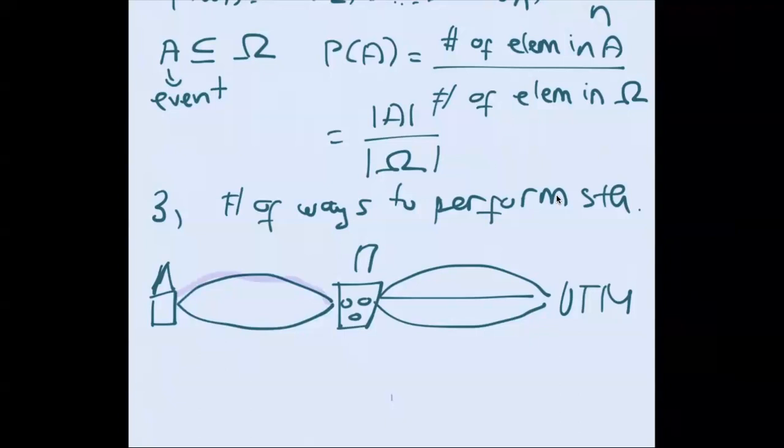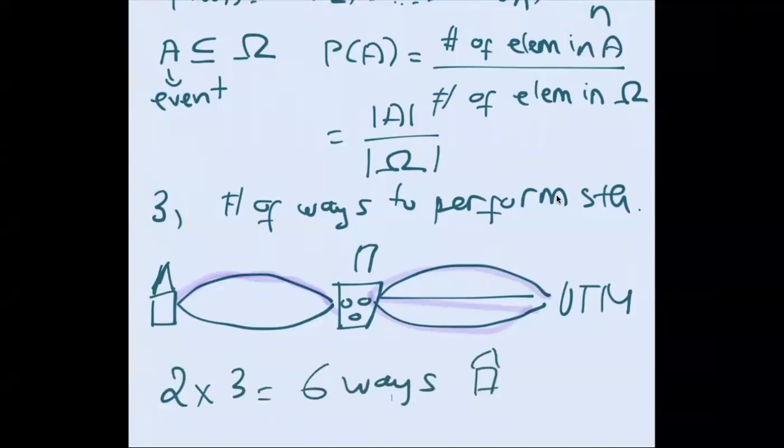There would be 3 ways for me: I can go this way, or this way, or this way. Which means that for each way I go to the bubble tea store, there are 3 corresponding ways I can go to UTM. Yes, I see a student answer. So the answer is 2 times 3 equal to 6 ways from my house to UTM.